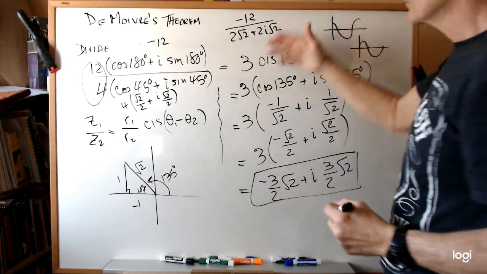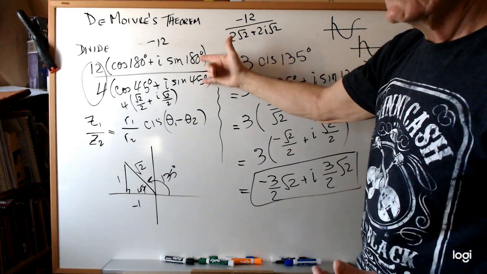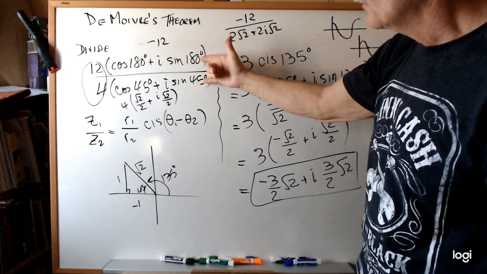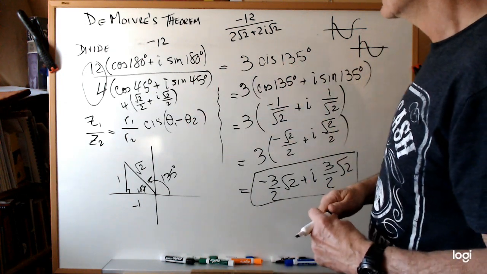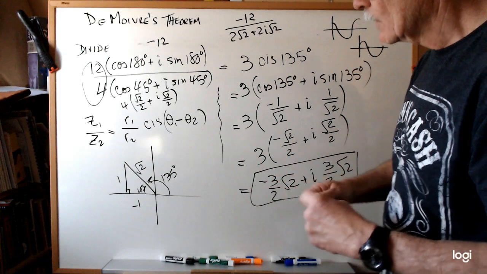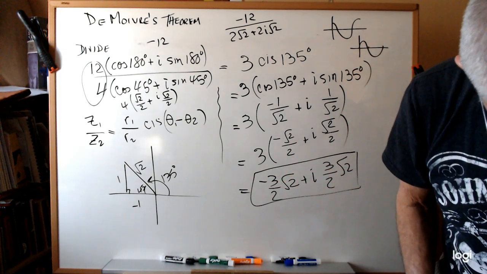If the question were in this form, you'd have to take the extra step to put it in complex polar form, which really is a cis form. So that would have been a more involved problem, really the exact same thing.